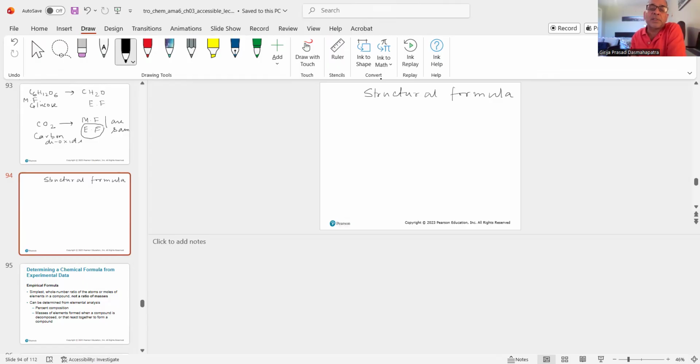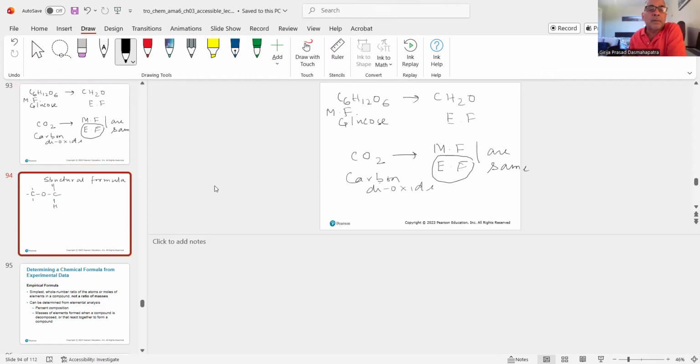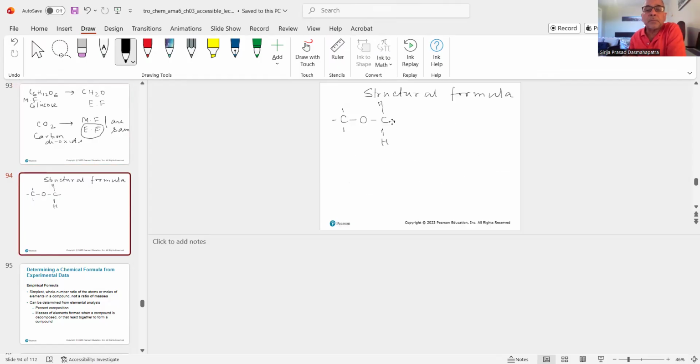Say, for example, I am writing two formulas. We will count the number of atoms and write down the formula.